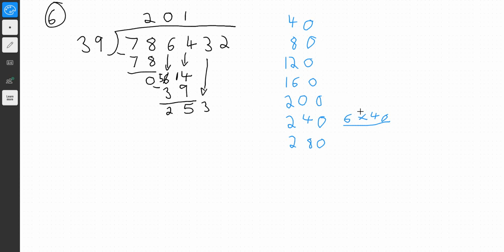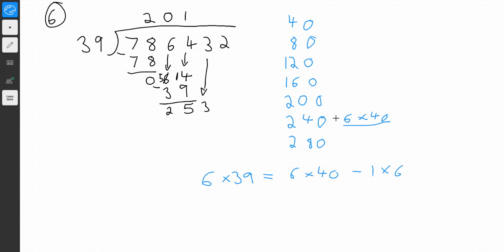So if the closest we can get is 6 times 40, well, we want to know what 6 times 39 is. And 6 times 39 is equal to 6 times 40 minus 1 lot of 6. So if we want 39 lots of 6, we want 40 lots of 6s minus 1 lot of 6.